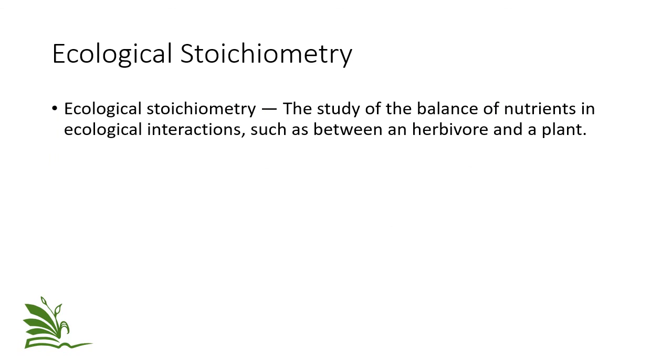And so the practice of doing this work, of measuring how nutrients move through ecosystems and how that is influenced by ecological interactions, is called ecological stoichiometry. So if you want to do this kind of work in the future, you would be a stoichiometrist, which is kind of cool. In fact, my first roommate at a field station, this is what she did.